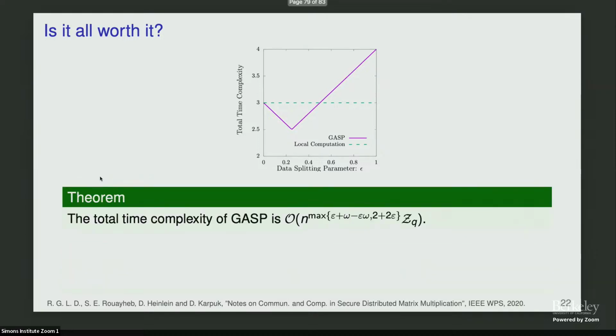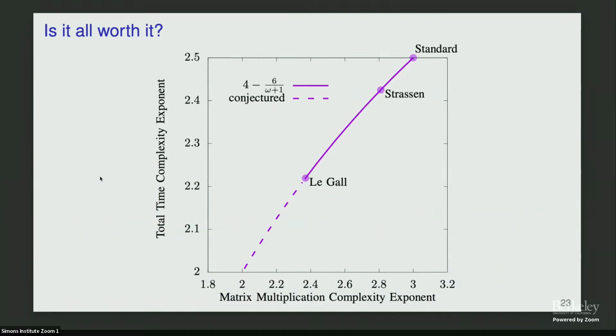And this can be calculated. For example, if you're doing cubic complexity and you do the optimal, you can lower it from cubic to the whole system doing it at 2.5. And if you were to use Strassen, you can also lower it, so you get this optimal curve.